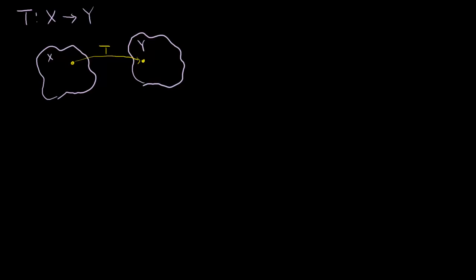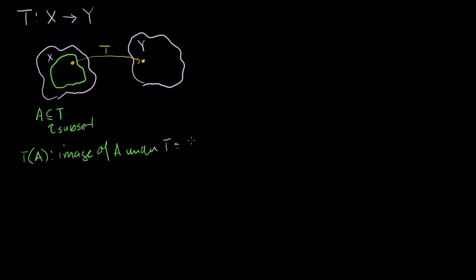Now, if we have some subset of X, let's call it A. So let me draw A like that. This notation right here just means subset. We've defined the notion of the image of A under T, which is the image of our subset A under T. We've defined this to be equal to the set of all transformations of each of the members of our subset.